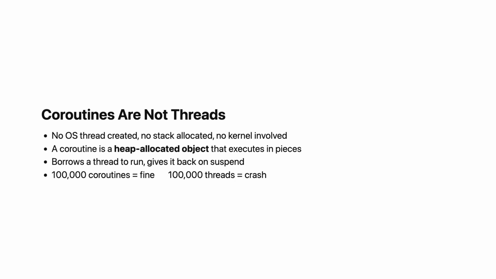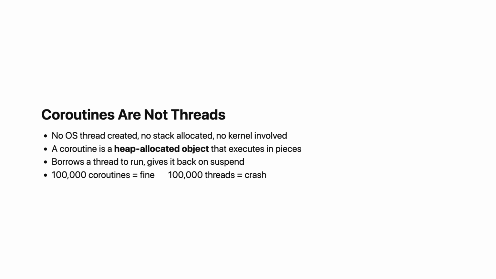Between those pieces, it can suspend, freeing whatever thread it was running on, and later resume, possibly on a different thread. The coroutine itself does not own a thread. It borrows one when it needs to execute and gives it back when it suspends. This is why you can have 100,000 coroutines without running out of memory, something that would be impossible with 100,000 threads, each needing a megabyte stack.